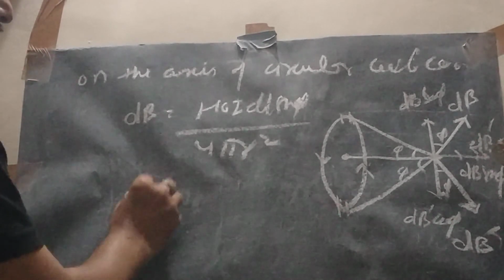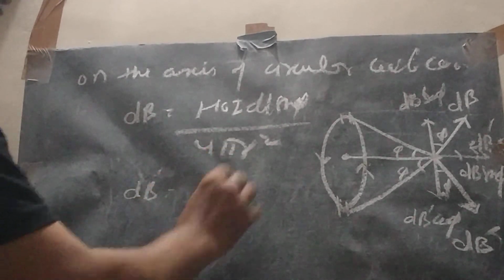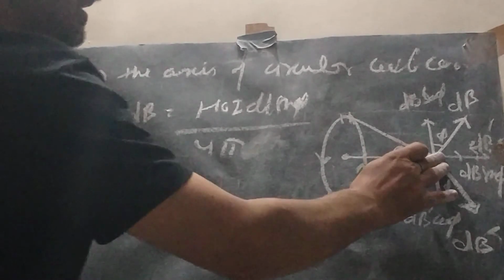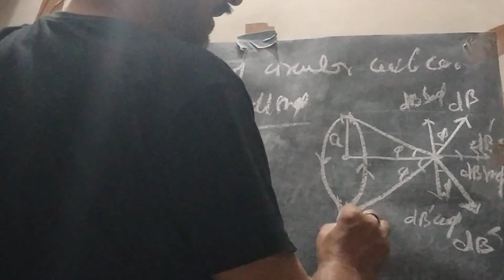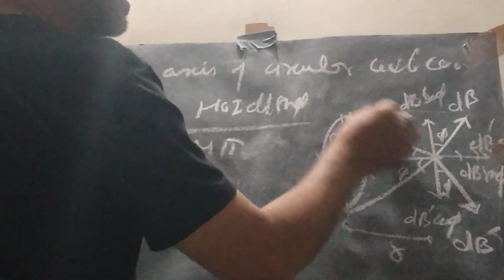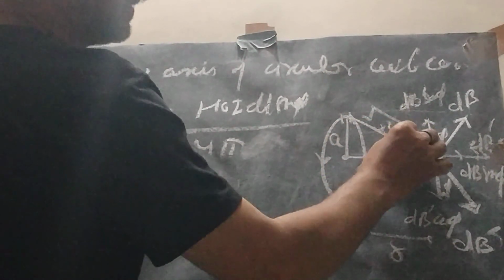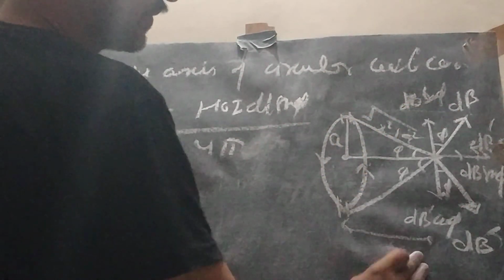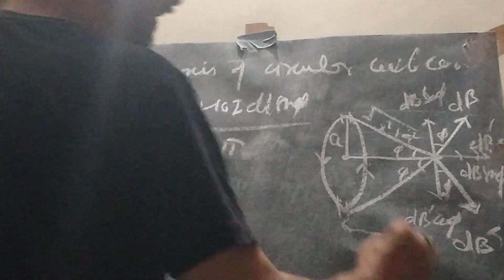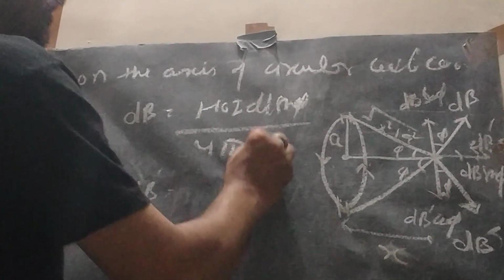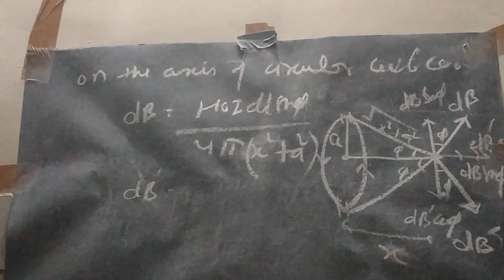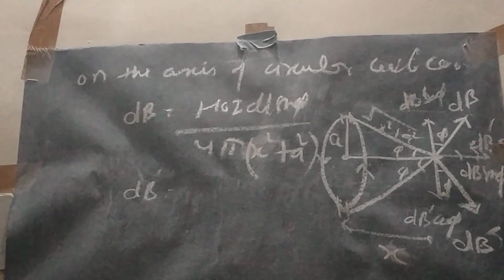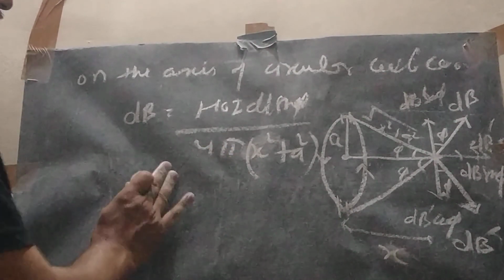Similarly dB dash is the same. If the radius of the circular coil is a and this distance is r, then the distance is x square plus a square, where this distance is x. Therefore we have x square plus a square, and dB dash is the same as that of dB.